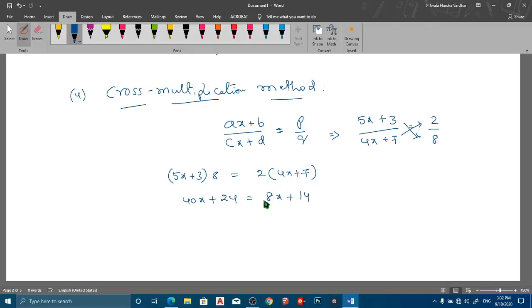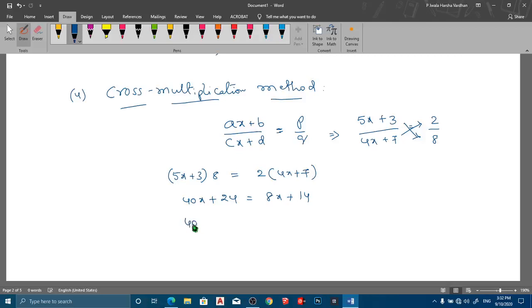Okay. After multiplying this, you have to send all the variable terms to the left side and all the constant terms to the right side. Transpose. Now you are using the transposition method.